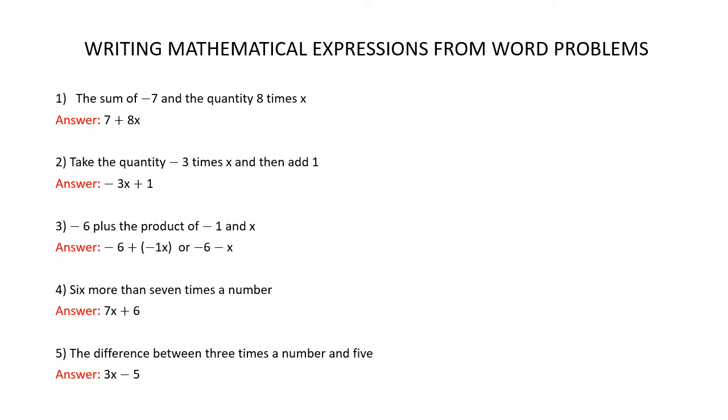Look at this phrase. Minus 6 plus the product of minus 1 and x. The product of minus 1 and x is nothing but minus 1x. So minus 6 plus the product of minus 1 and x is written as minus 6 plus of minus 1x.